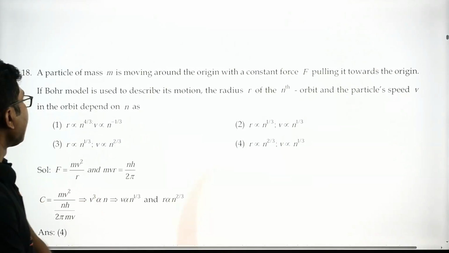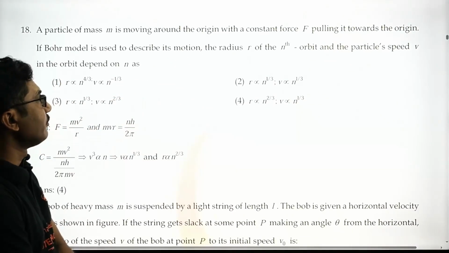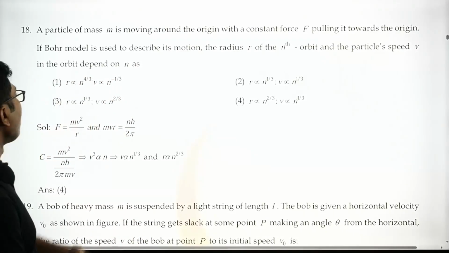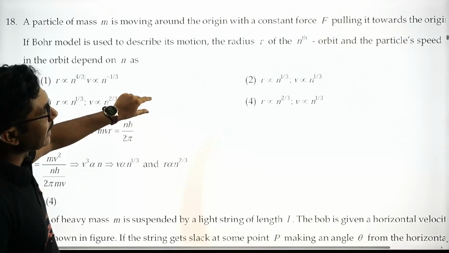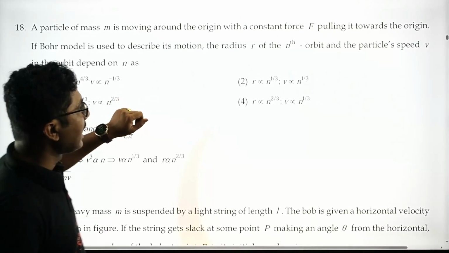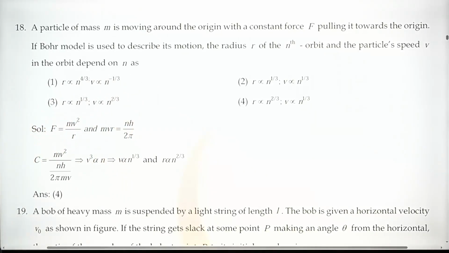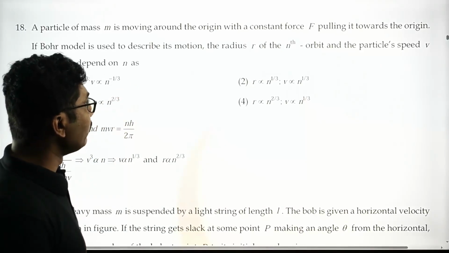Okay, a particle of mass m is moving around the origin with a constant force F pulling it towards the origin. If Bohr model is used to describe its motion, the radius r of the nth orbit and the particle speed v in the orbit depend on n as? So we are talking about Bohr's model. Force is F pulling towards the origin.